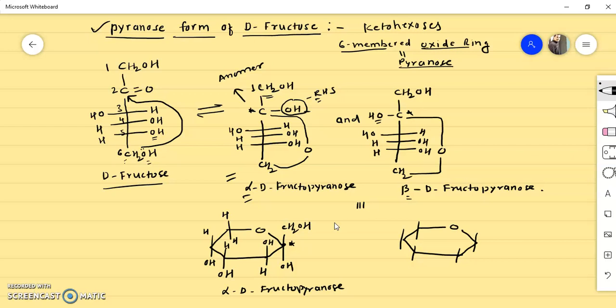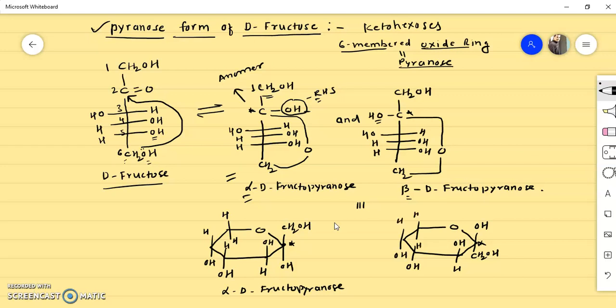Now in the same way I will draw the beta D fructopyranose; the only difference is on the anomeric carbon. Here the CH2OH group is downward and the hydroxy group is upward. The rest of the atoms have the same position as in the alpha anomer, so I will draw the rest of the atoms like I have drawn in the alpha anomer.